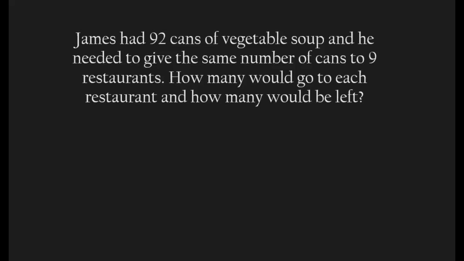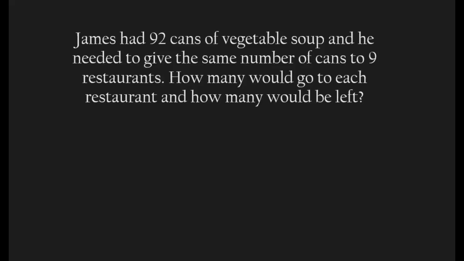How many would go to each restaurant, and how many would be left? Well, let's underline or highlight, whichever one you prefer, the points we need to use to find the answer.